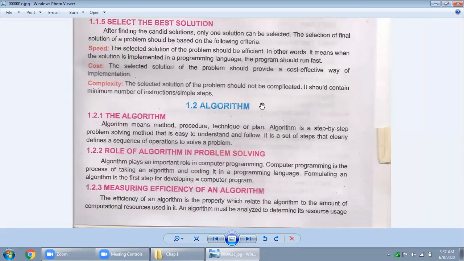The definition of algorithm is very important. The steps of algorithms are very important. Simply, I will revise the definition over here. A series of steps in order to solve a particular problem is known as an algorithm.